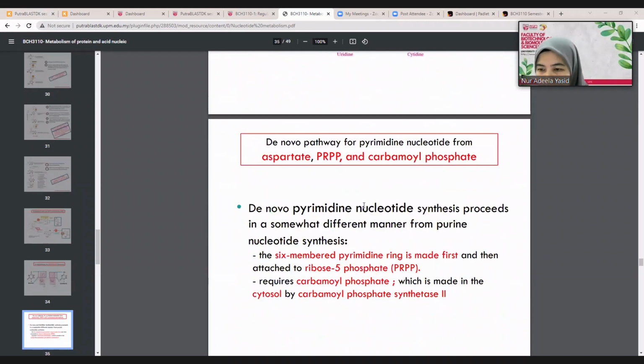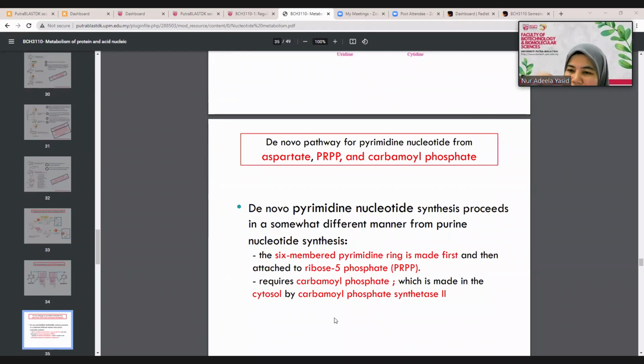If you still remember, in the pyrimidine biosynthesis, it synthesizes the 6-membered pyrimidine ring first, before it is attached to the ribose 5-phosphate, unlike purine biosynthesis.